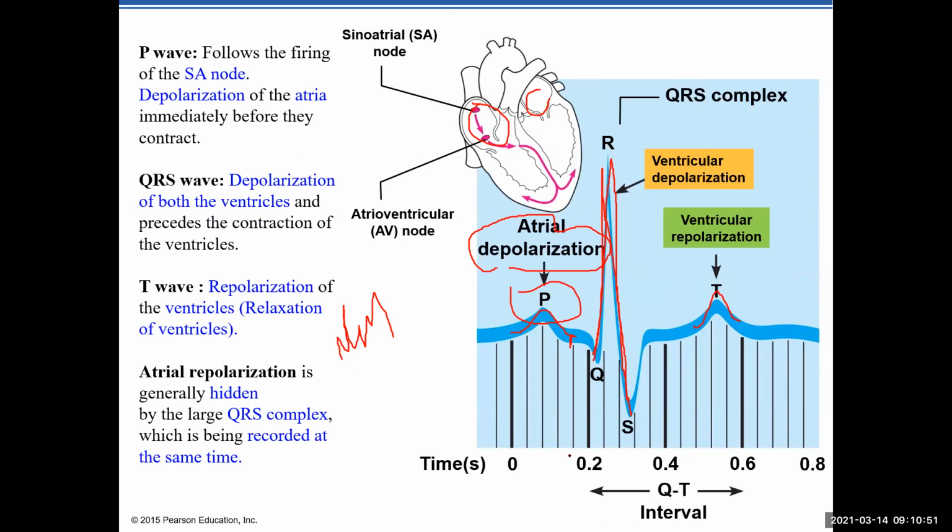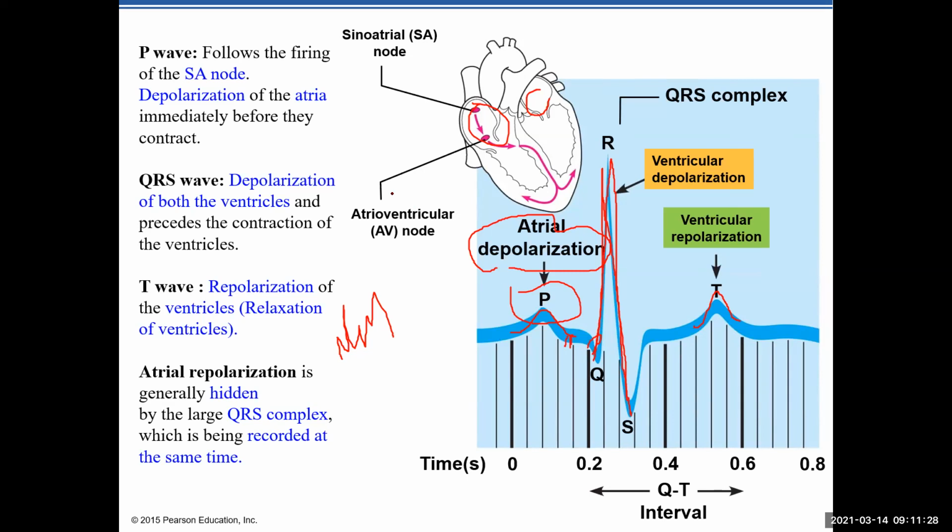The QRS complex masks the atrial repolarization. When the ventricular excitation takes place, the atria are also repolarizing at the same time, so it's overlapped, masked, and obscured here. That is why you cannot see the atrial repolarization.